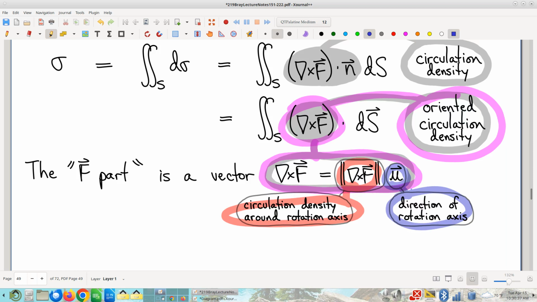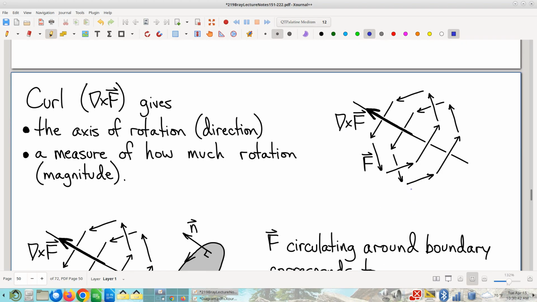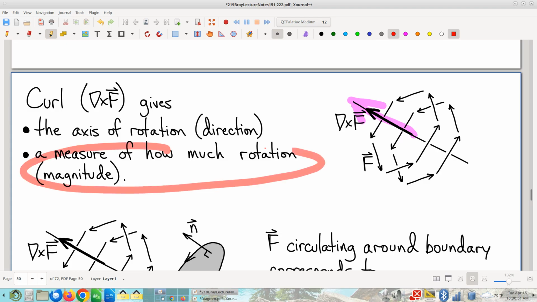Okay, so totally analogous. All right, now let's draw a picture. What does this look like? Here you go. Here's our curl vector. And that curl vector tells you two things. By way of its magnitude, it tells you how powerful of a rotation we're talking about. Is this a whole bunch of rotation or a subtle, gentle, barely there rotation? And by way of its direction, it tells you around what axis the rotation is happening.